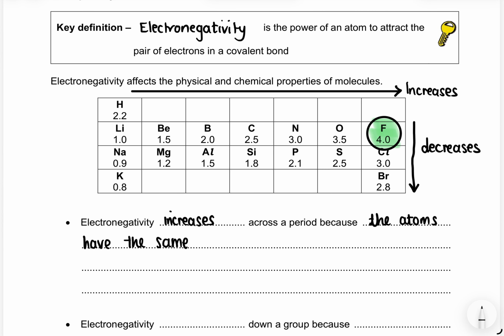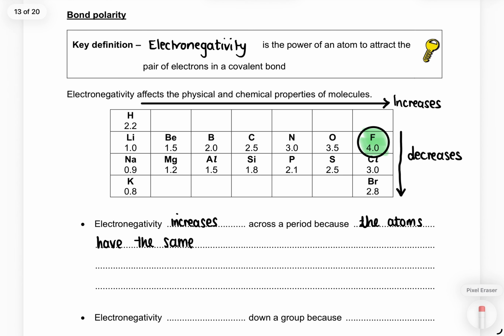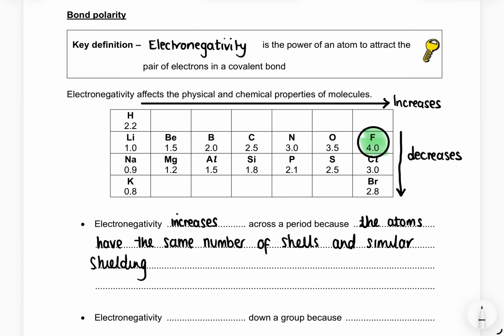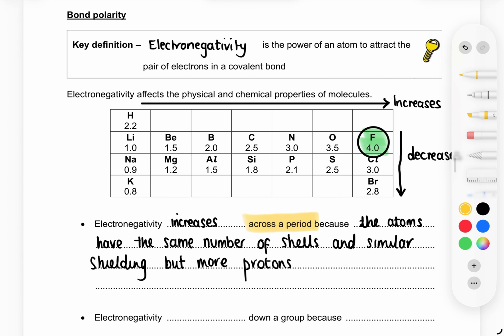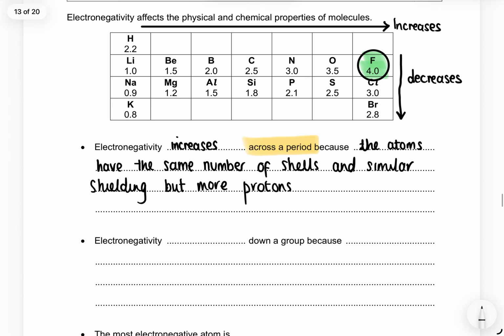So in the row lithium to fluorine, they all have 2 shells, and therefore they have similar shielding, not exactly the same shielding, but similar. But they have an increased charge, they have more protons. So across a period, the atoms have the same number of shells and similar shielding, but more protons.